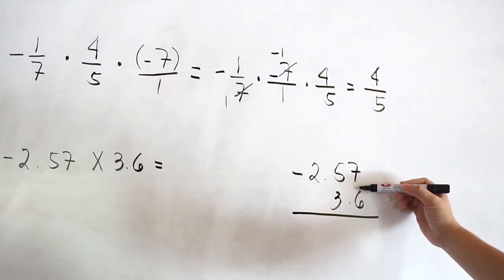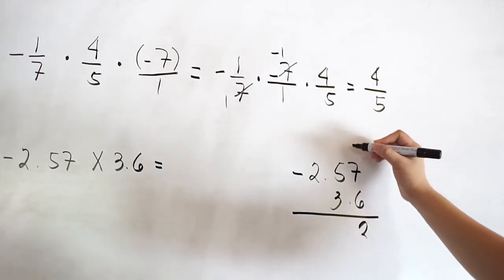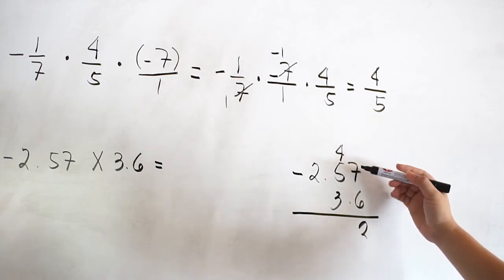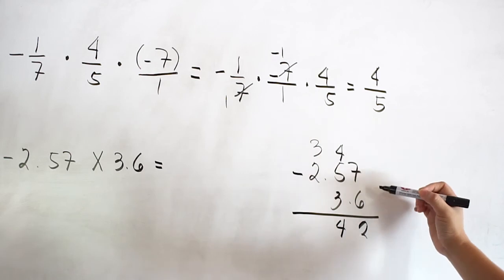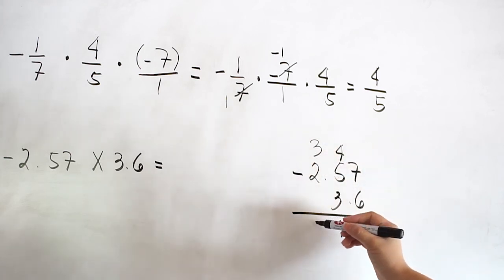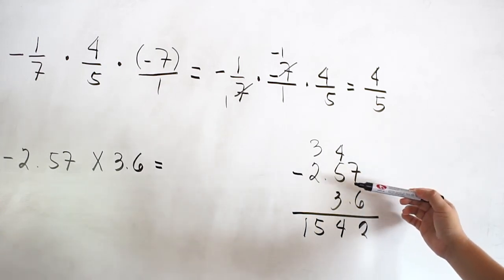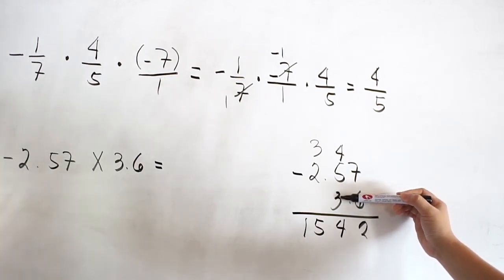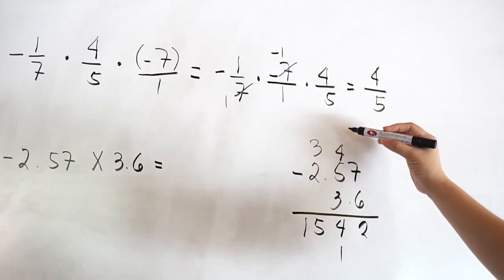multiplication. So, 6 times 7 is 42. And then, 6 times 5, 30, plus 4, 34. And 6 times 2 is 12, plus 3, 15. And the next, 3 times 7 equals 21.